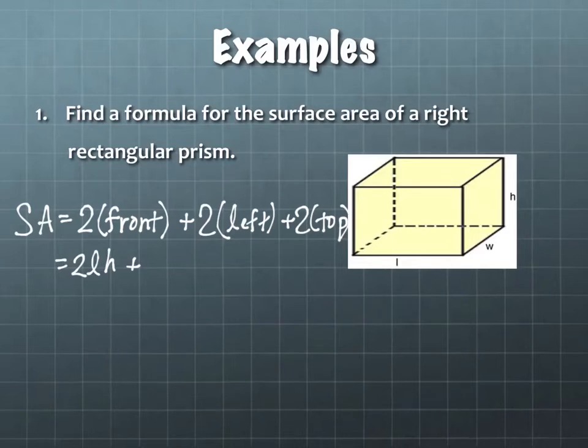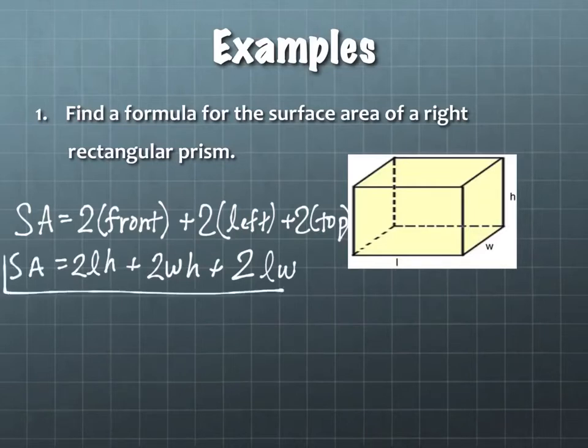What's the area of the box on the right-hand side? Yeah, it's WH. And what's the top's dimensions? And that's my equation for surface area of that particular shape.